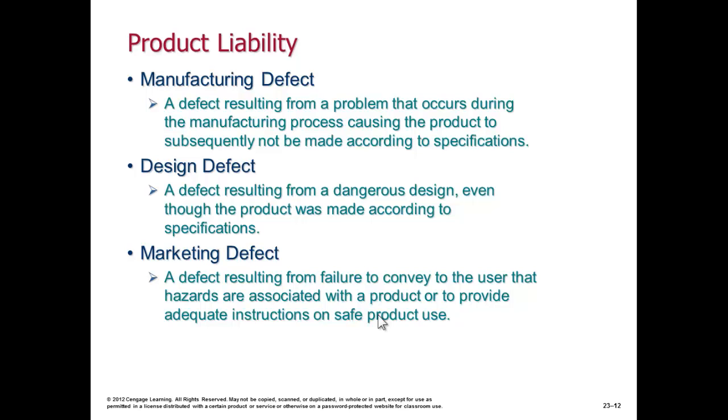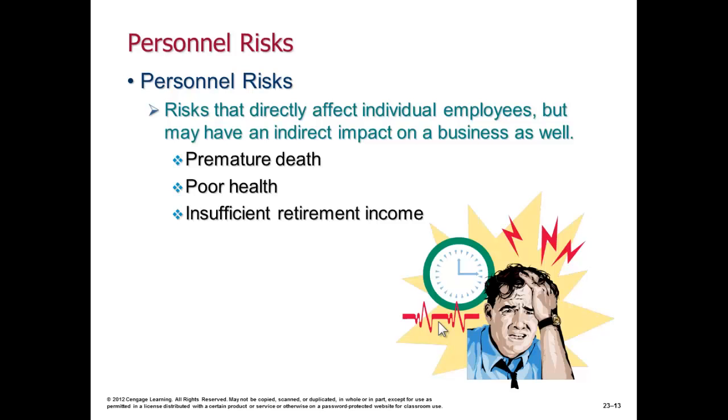This is why you see so many caution paragraphs on any product nowadays. Any product package or any product label will have all types of disclaimers as to negligence. You can thank your local trial attorney for that.